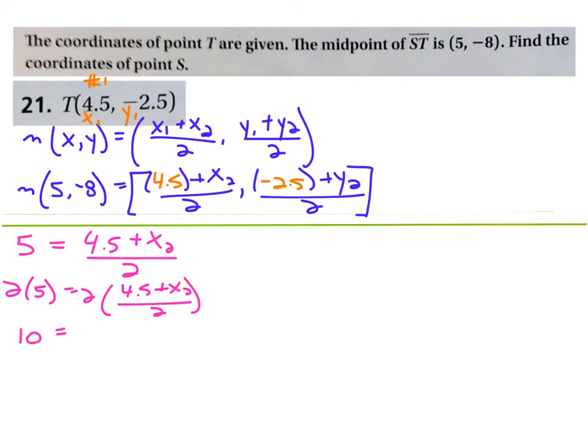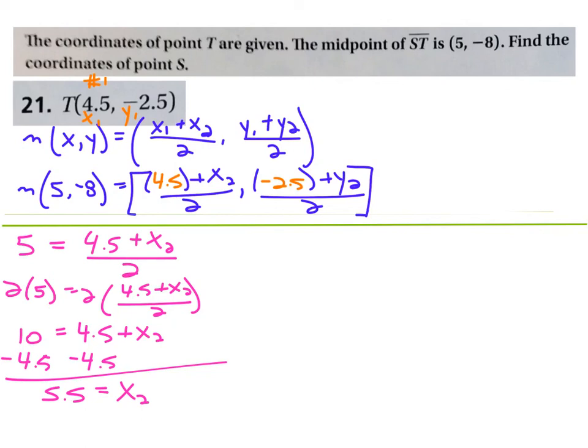And you get 10 is equal to 4.5 plus x2. Subtracting 4.5, we get 5.5 is the x coordinate for the second point. And put a dividing line here.